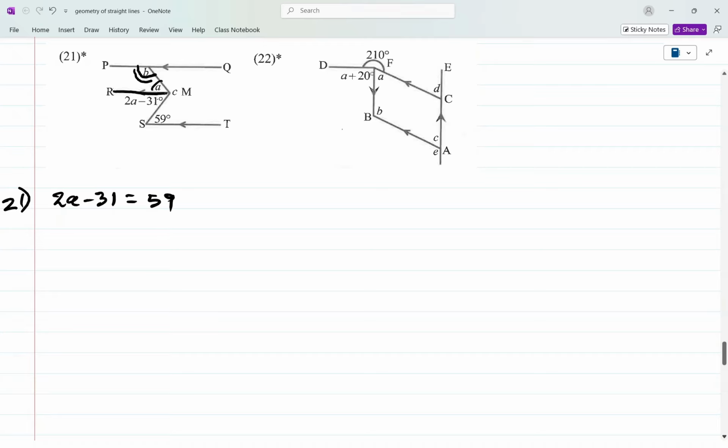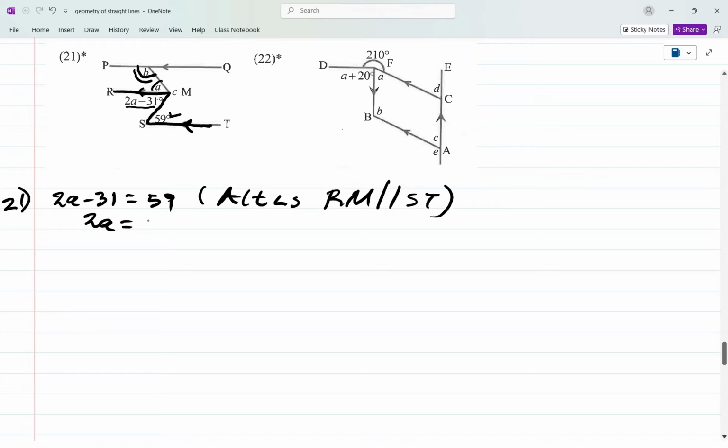This line is forming a Z shape for parallel lines, therefore we must be thinking of alternating angles. This 2A minus 31 is the same value as 59. Our reason will be alternating angles because RM is parallel to ST.